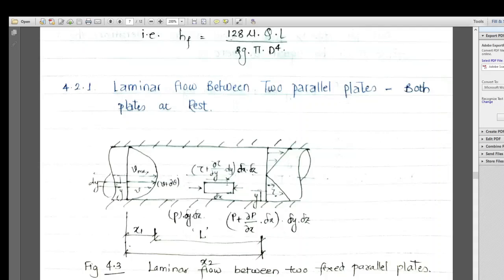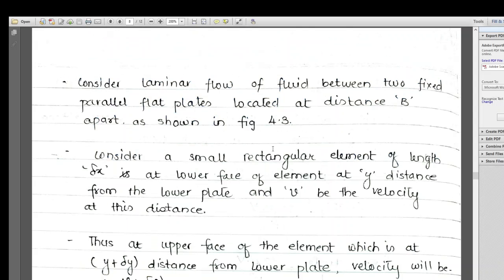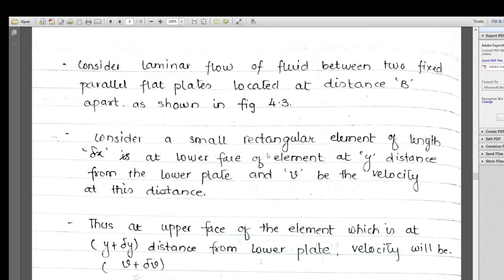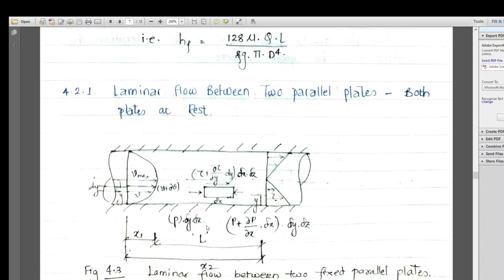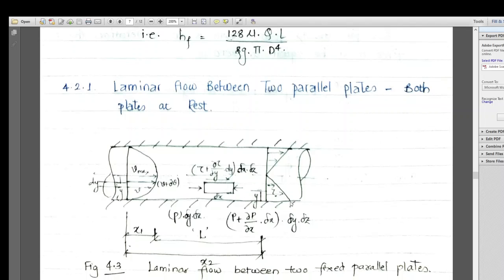So for the upper part, which is closer to the upper plate, the velocity will be v plus delta v, and the distance from the lower plate will be y plus delta y. So distance of this face will be y plus delta y from the lower plate. Clear?